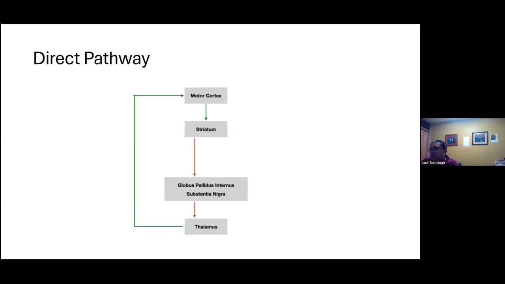So when it feeds back into the motor cortex, it essentially allows for the activation of the motor cortex. So we say that the direct pathway promotes movement or the planning of movement, essentially by disinhibiting the thalamus and the substantia nigra as well.